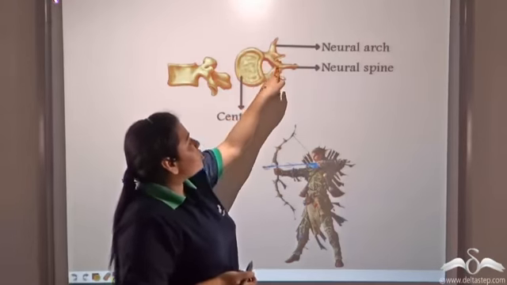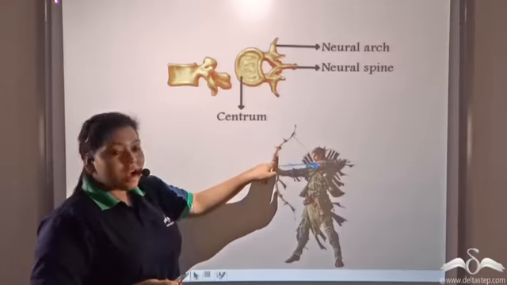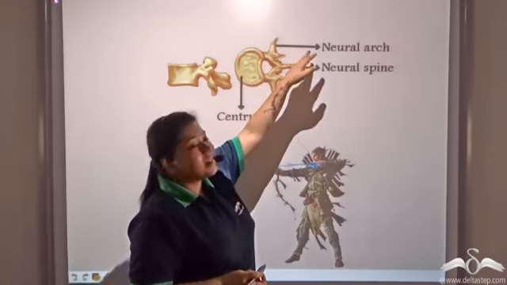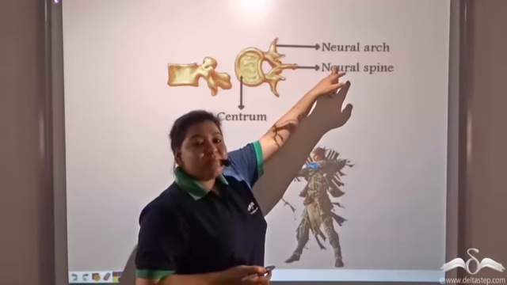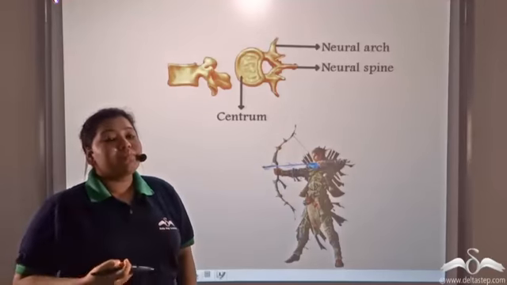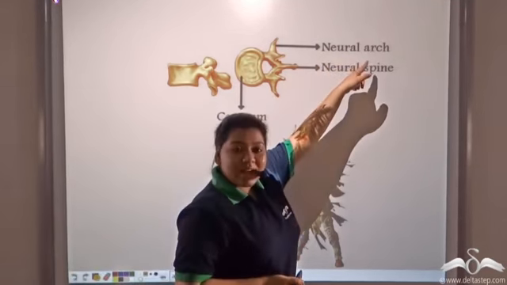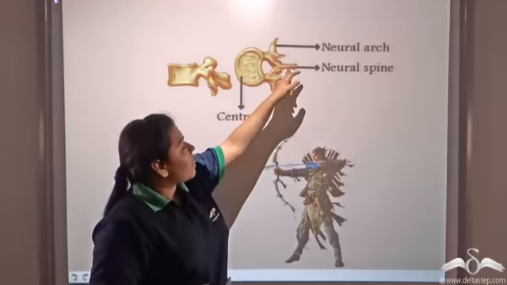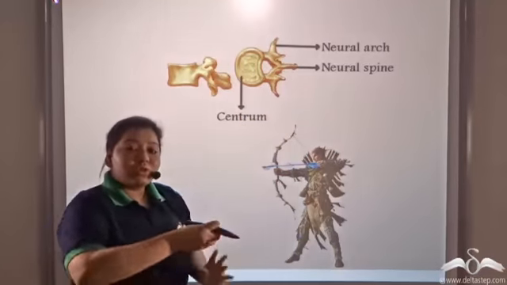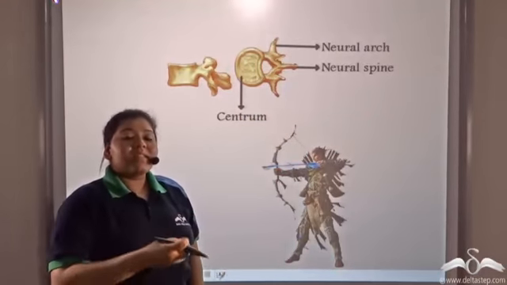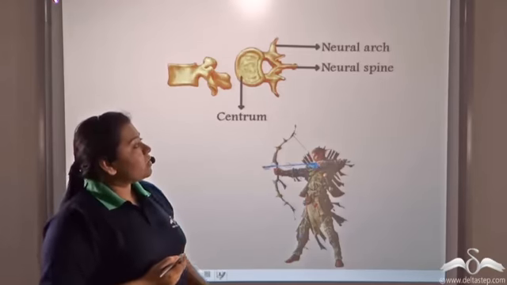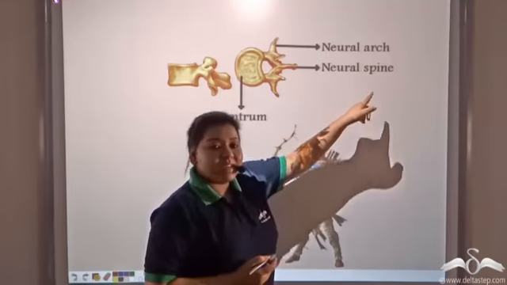This part, which looks like the bow or the arch, is known as the neural arch. This is the portion which allows movement of the neurons, and hence it is known as the neural arch. And this part of the vertebra, which looks like the arrow, or is a spiny process, is known as the neural spine.